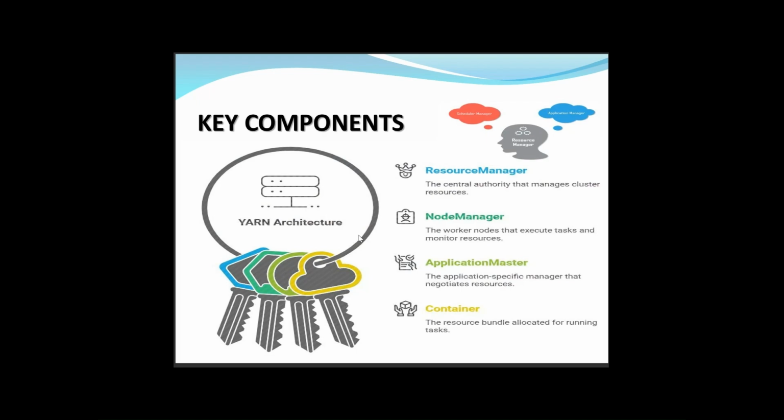The fourth one is the container, the actual environment where a task runs with specific memory and CPU assigned. It means the container is the main part where all the tasks or jobs are run. This clean separation of duties helps Yarn manage even very large clusters smoothly.